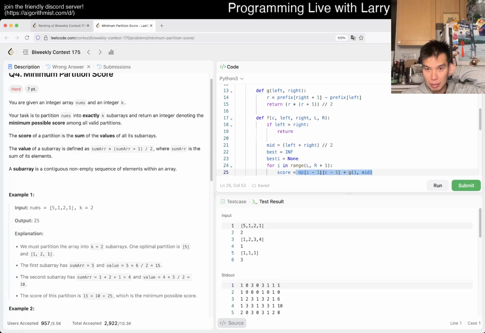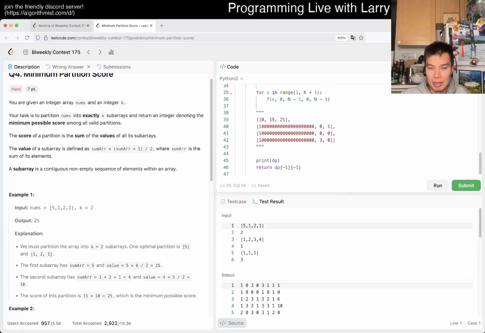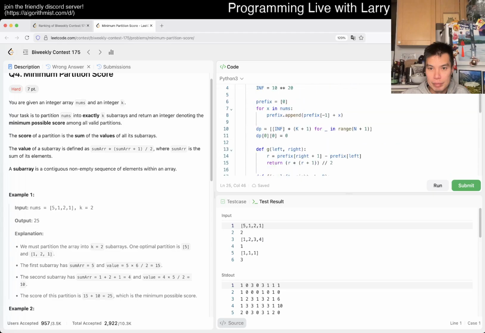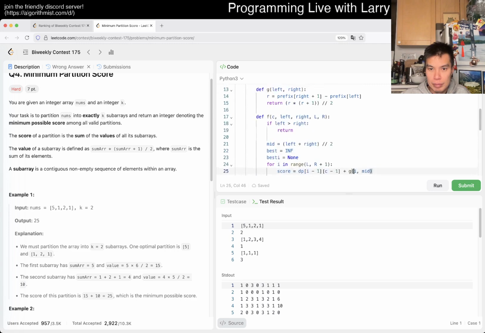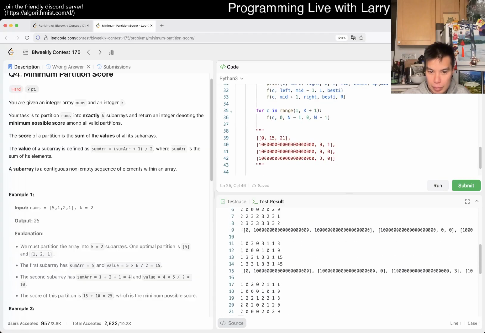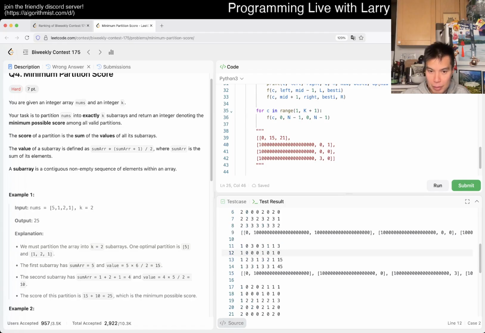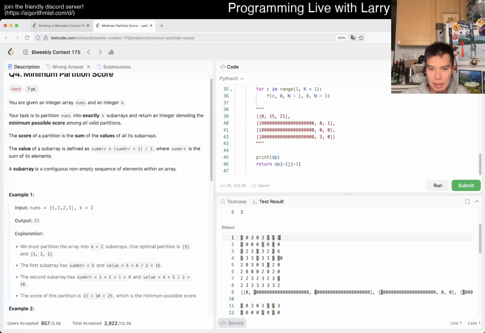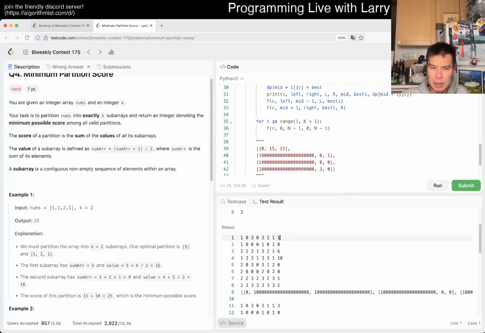Well, okay. The indexing, I have to audit everything again. That's just weird, but okay. Yeah, the indexing is clearly weird, because 0, 1 should be 6.